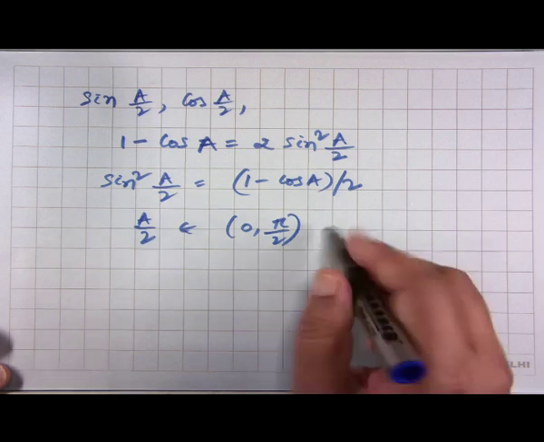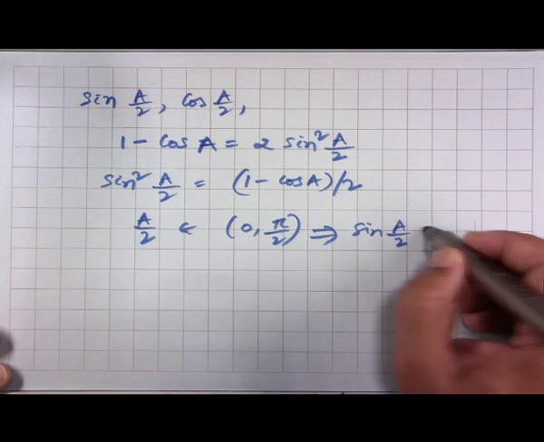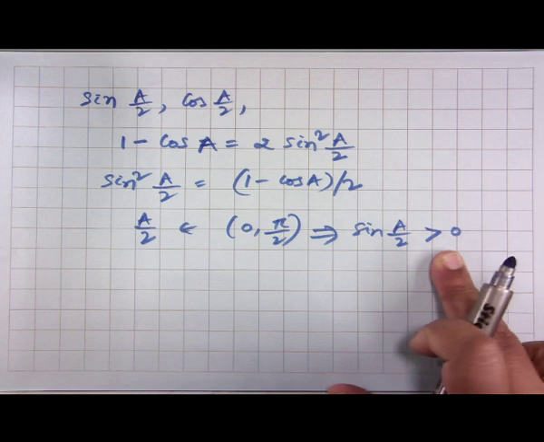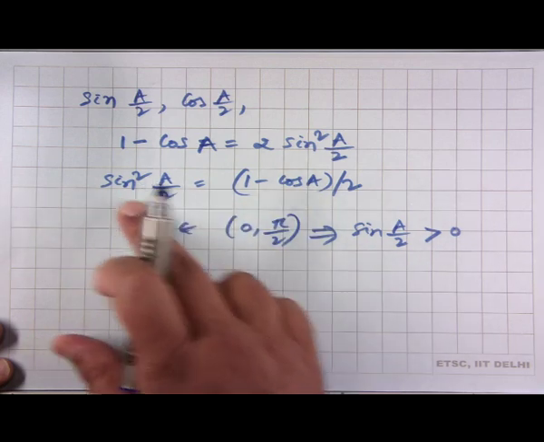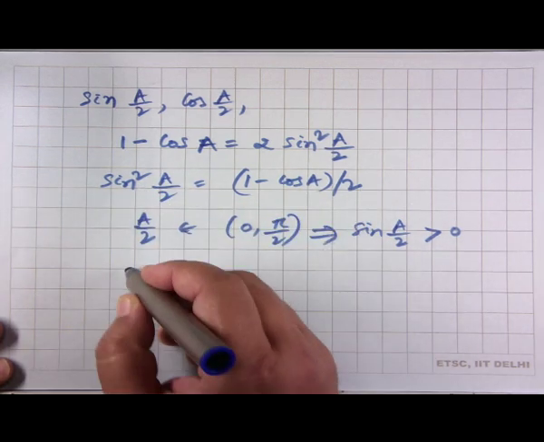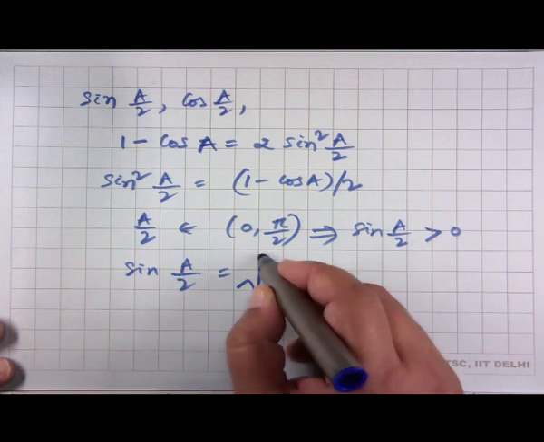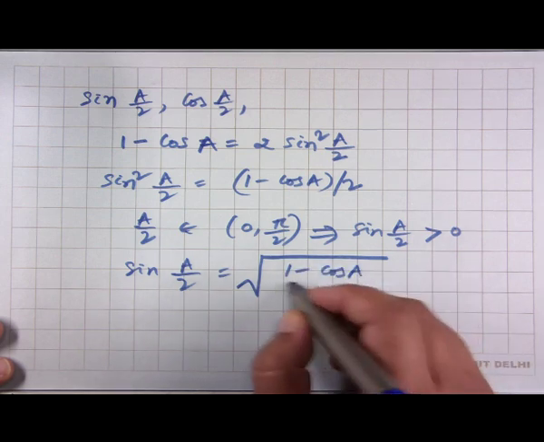From here it follows that sine of A by 2 is positive, and therefore, using this fact in this identity, we can write that sin A by 2 is equal to the positive square root of (1 minus cos A) over 2.